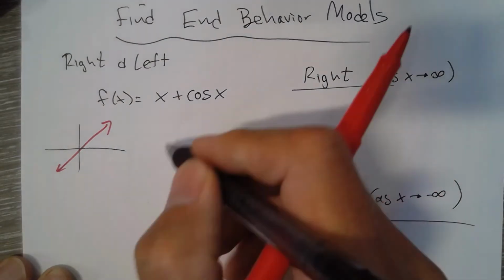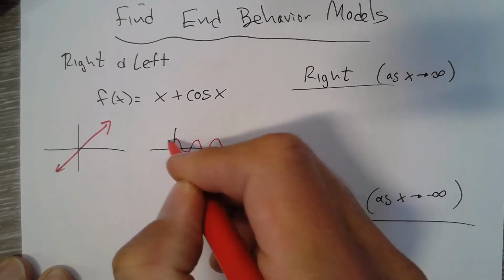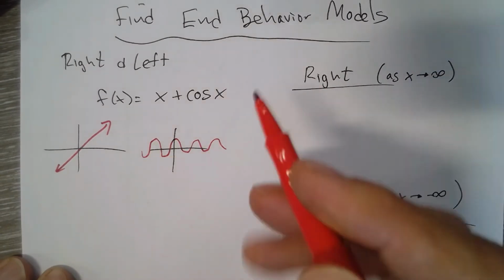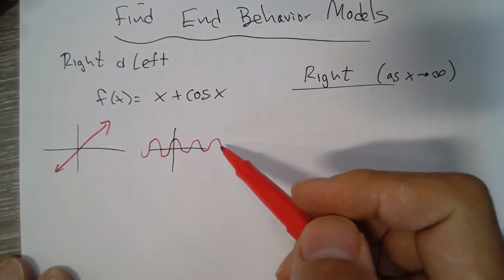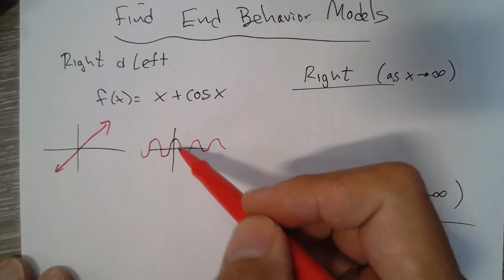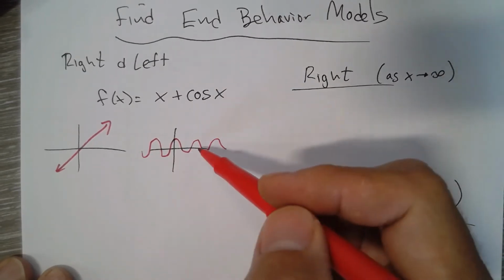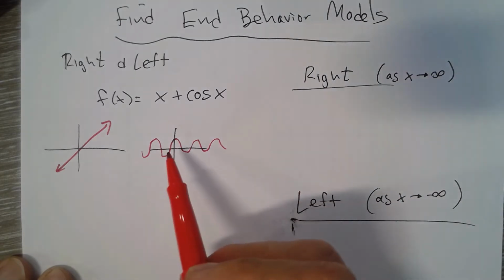Cosine x, well, that just keeps chilling between negative 1 and 1. So it never gets powerful. It never becomes a dominant function. So that's an indicator right now that it's probably not going to be an end behavior model.